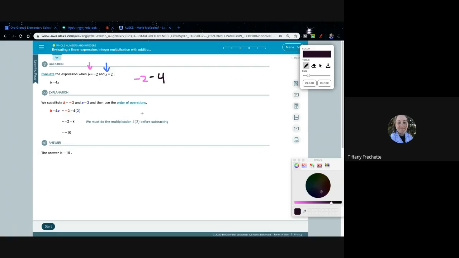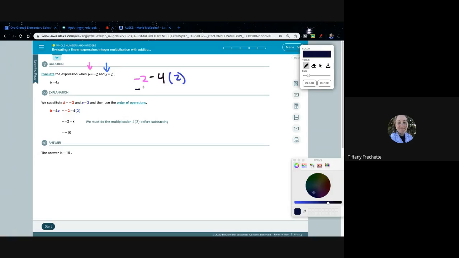The minus and the 4 are already there. But instead of x, that's where I'm going to put in the 2 that they gave me right here. So I just replaced b with -2, and I replaced x with 2. I'm just plugging in the numbers that they gave me.